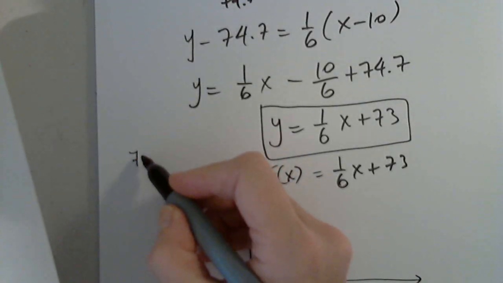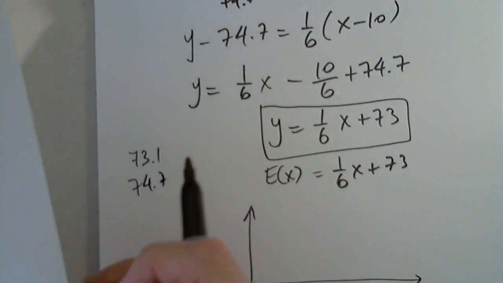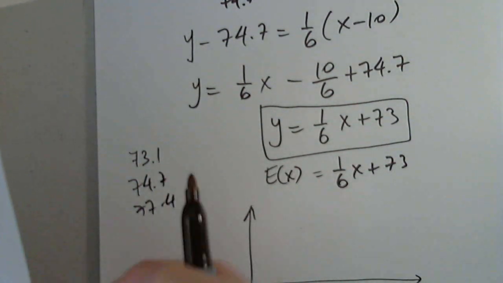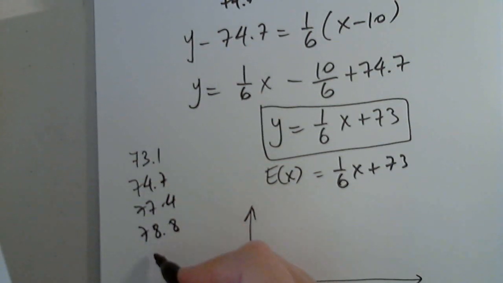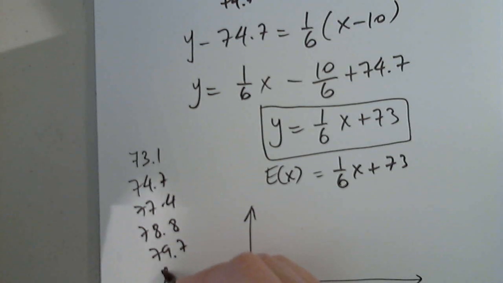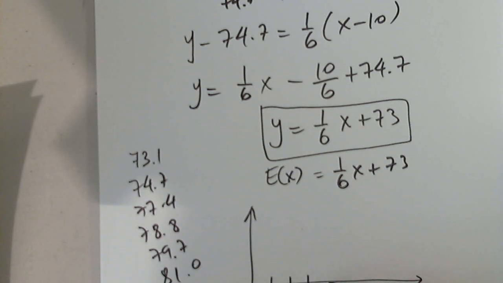Yeah, so the numbers I think are 73.1, 74.7 that we know, 77.4, 78.8, 79.7, and I think the last one is 81.0. So between 1960, 70, 80, 90, 2000, and 2010.